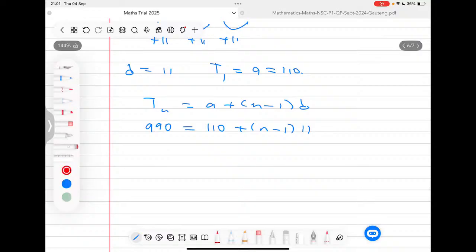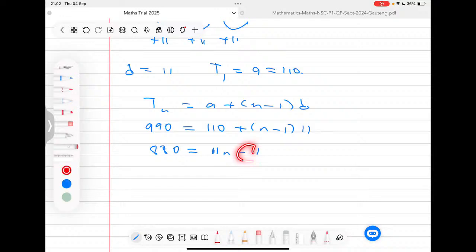Now I'm going to take this 110 to this side, so that I'm saying here 990 minus 110. I hope you can see that this will be 880, because I'm just subtracting the ones here. So I'm left with 880, and this side I'm going to have this 11 multiplying here and multiplying there as well, so that now I have 11n, and I also have negative 11.